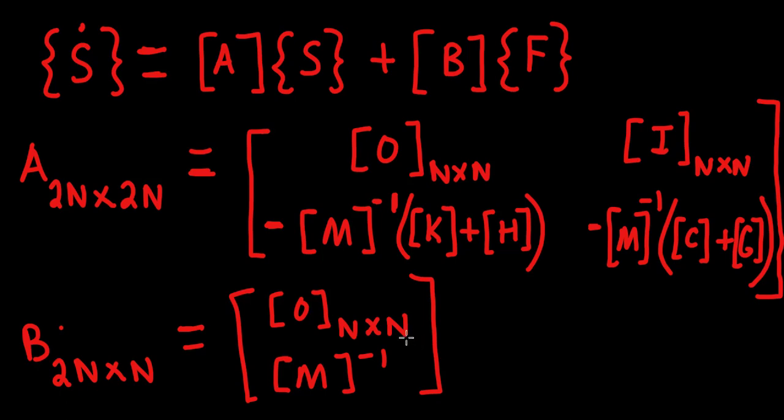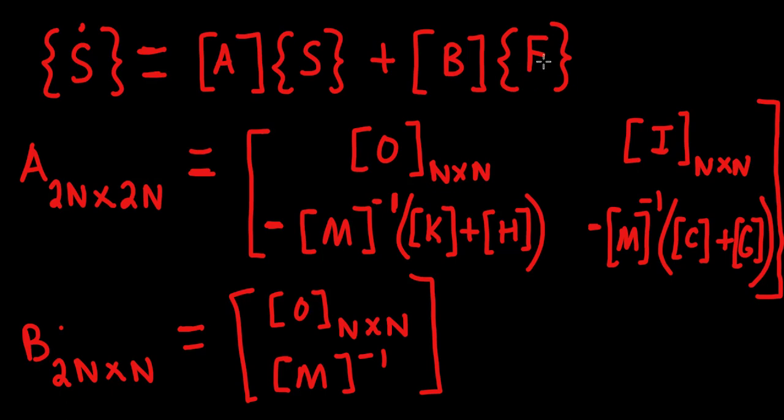And that's it. So B is a much simpler matrix to work with. Keep in mind, again, that n is the number of equations that you have. Oftentimes, if you're working with these multi-degree of freedom systems, it'll be the number of degrees of freedom that you have.